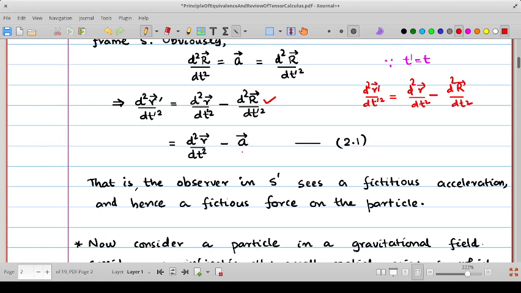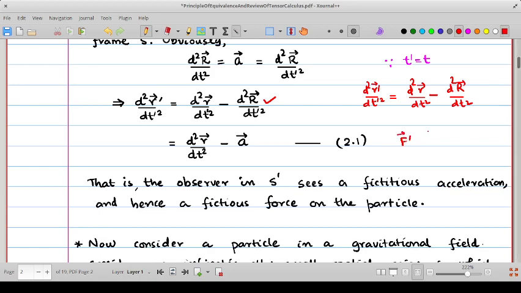Now the force acting on the particle in the frame S dash will be equal to the product of its mass times its acceleration. So that means we have m a dash, where a dash is m times d square r dash by dt square, which we may write as f dash.